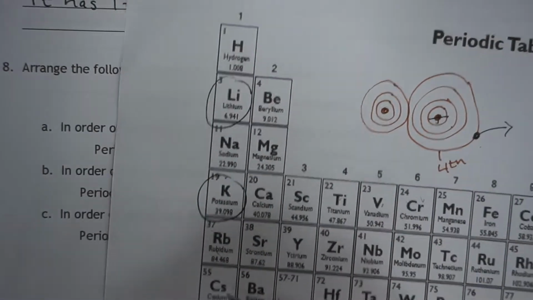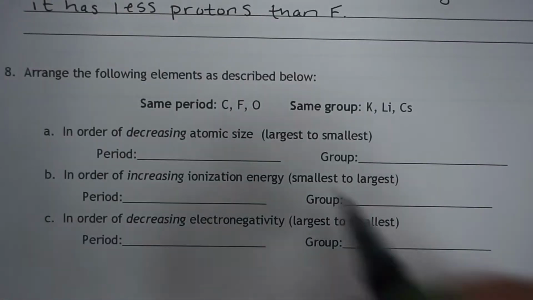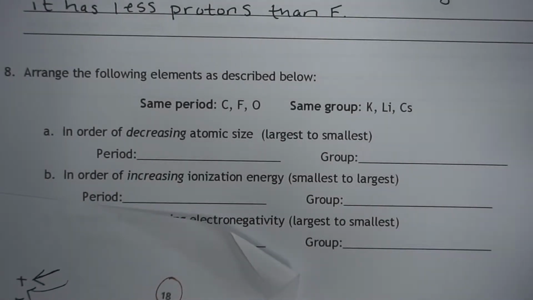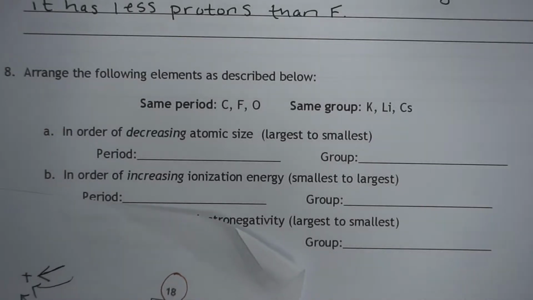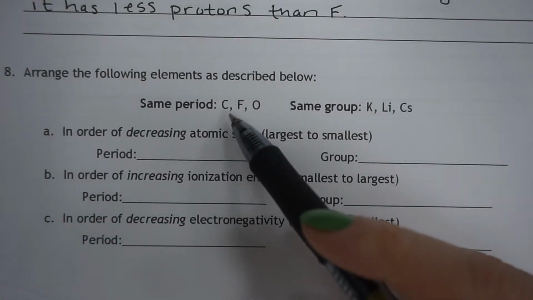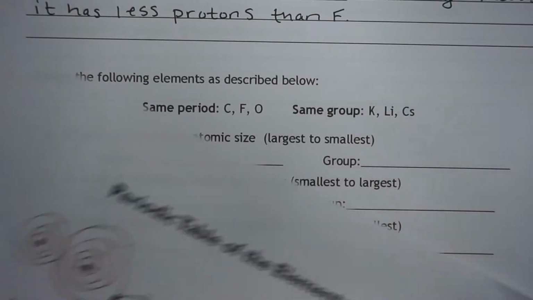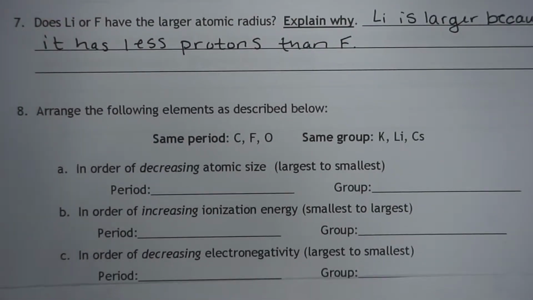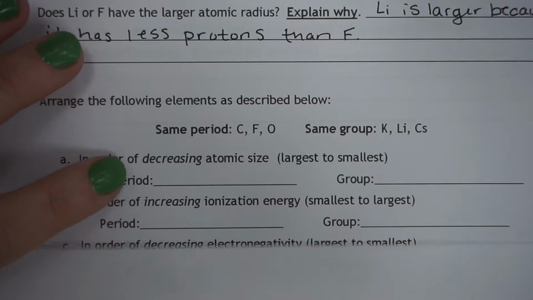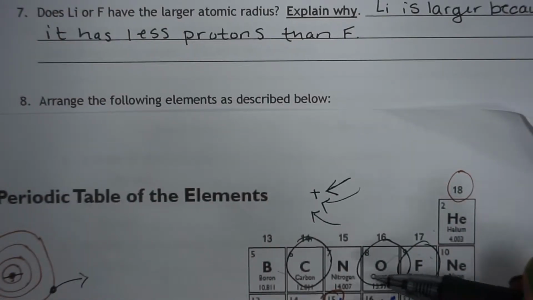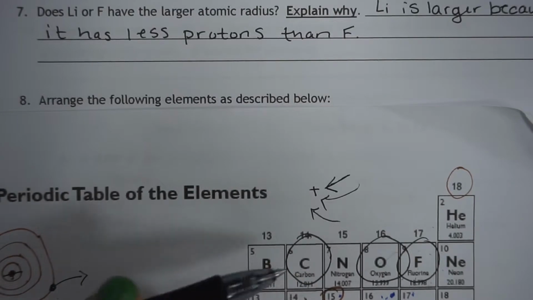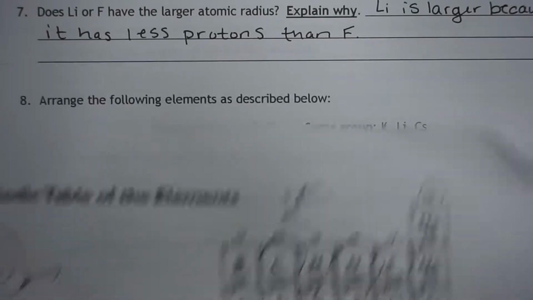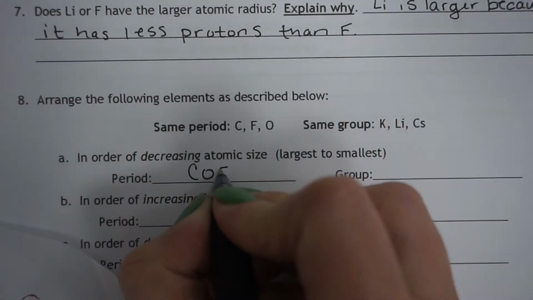For C, O, F, decreasing atomic size: atomic size increases as you go down and to the left, and it decreases as you go to the right. So COF would be the order of decreasing atomic size.